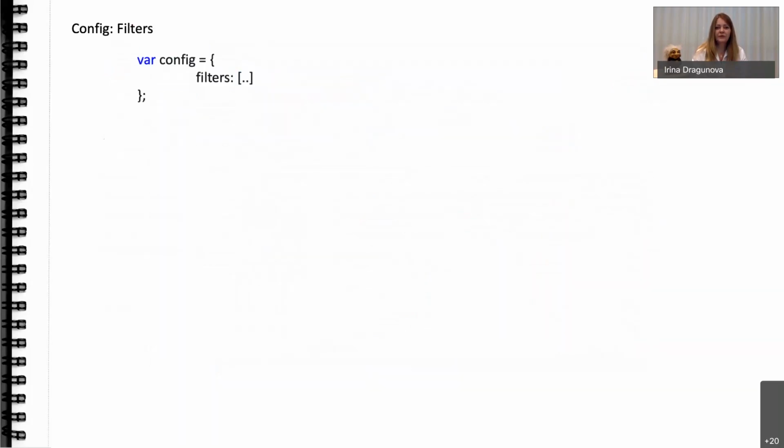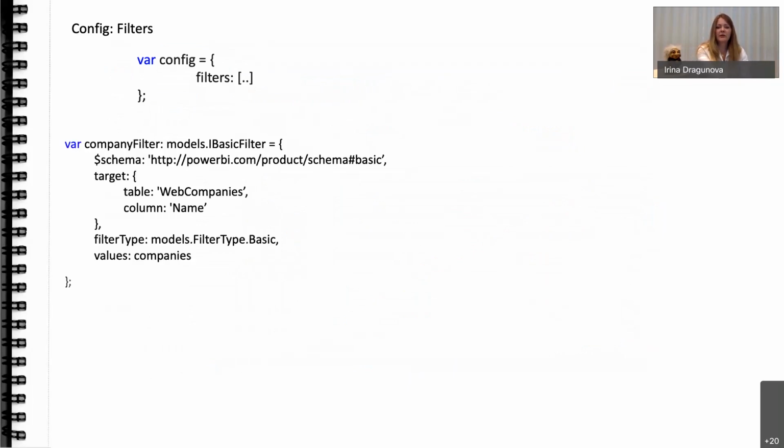How can we filter our data in the view? The JavaScript library has a powerful mechanism to filter the data. We have the basic filter. It helps us select the data from one specific dimensional table, filtered by a specific column. Here you see the web companies table, and we filter by the column name.